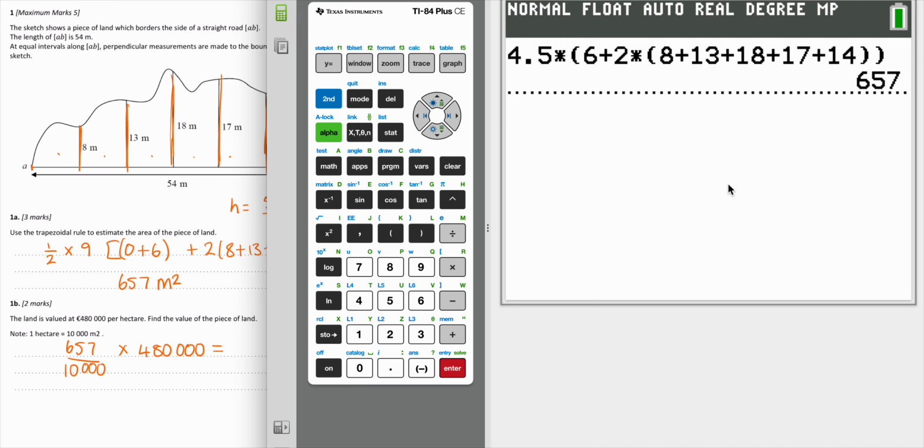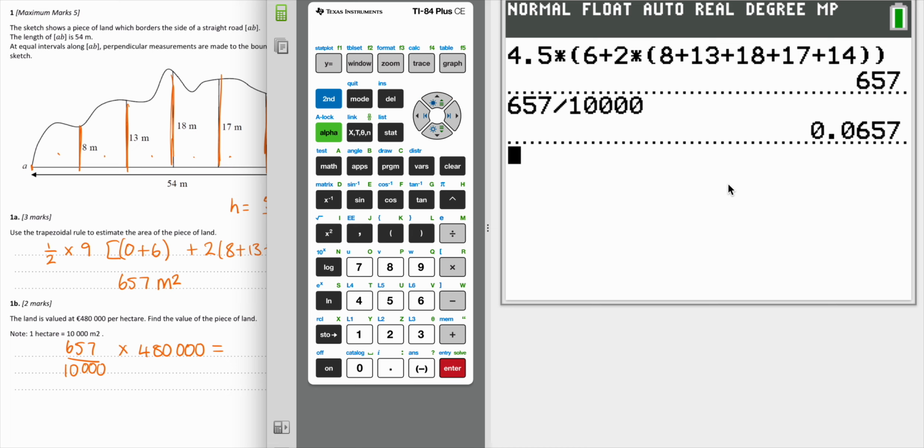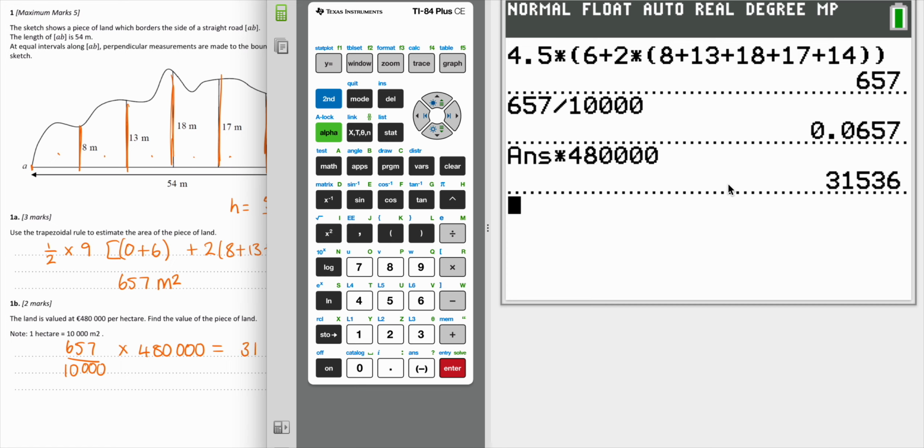So that's the calculation we're going to be doing. We're taking our existing answer, dividing it by 10,000, and then multiplying that answer by 480,000. And we can see there that the final cost is $31,536.